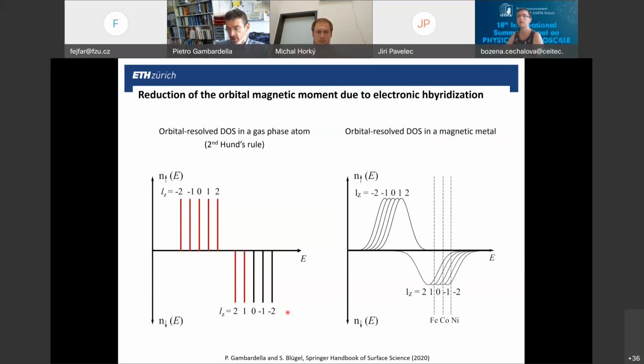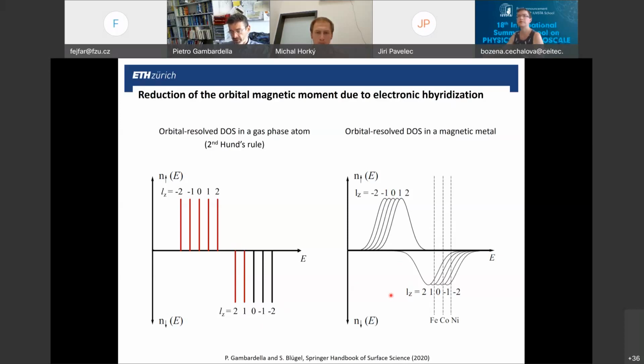However, when the metal is formed out of cobalt atoms, these states are broadened by electronic hybridization effects. And so the orbital moment is actually smeared out. This is a purely electronic hybridization effect.